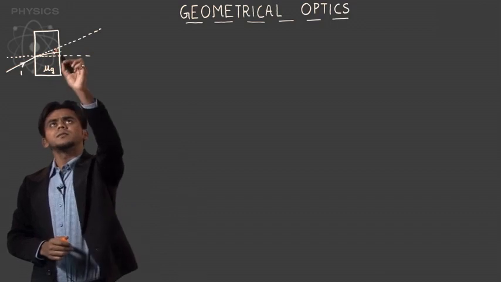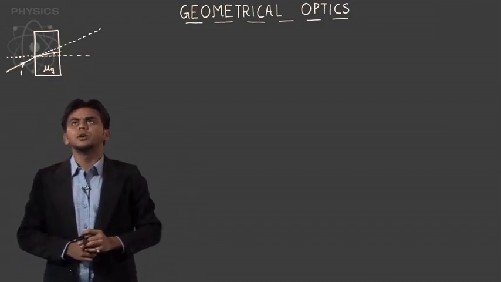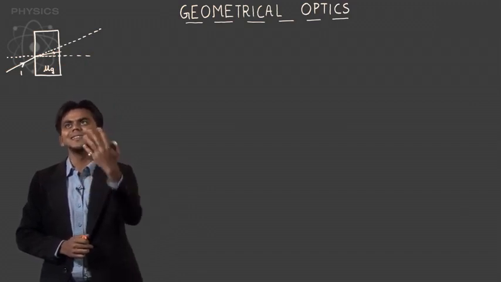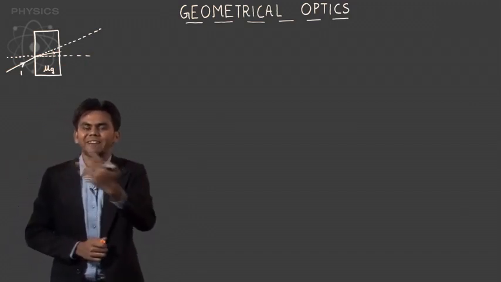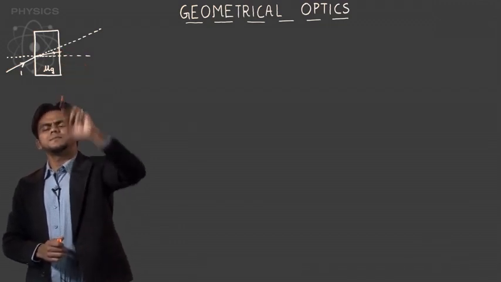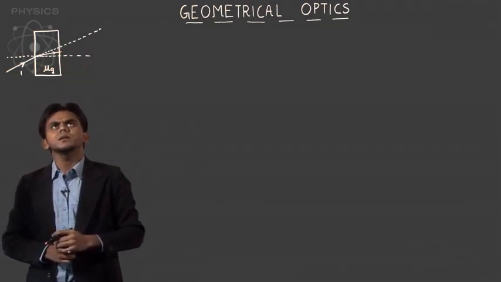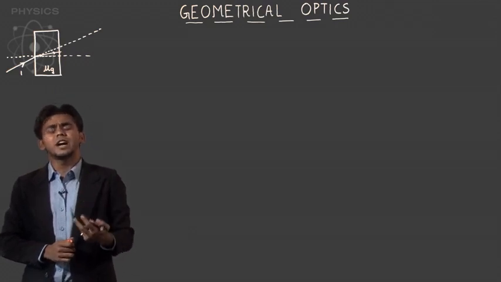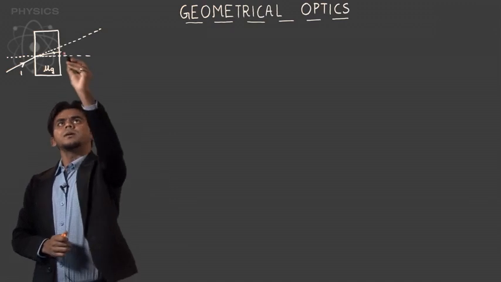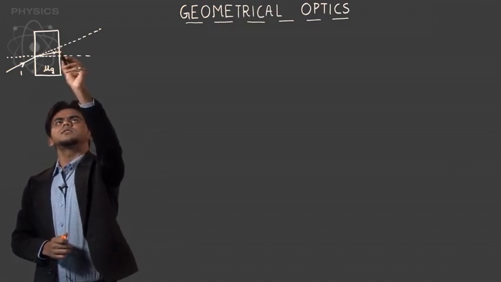This is the original path, and it has come closer to the normal because mu g is greater than 1, which means glass is optically denser than the surrounding outside, or rather vacuum. Now, the moment it reaches this surface, or rather interface, again there would be a refraction because outside there's a different mu. But now the situation has changed slightly.